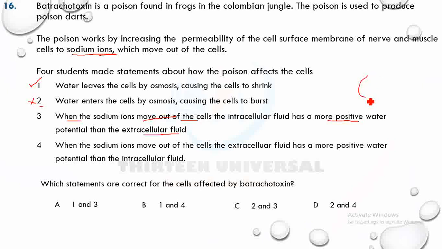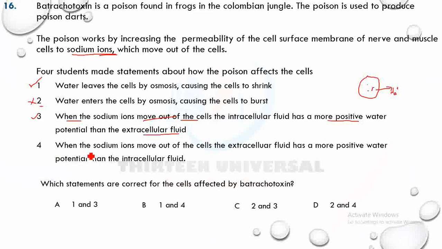If this is a cell and this is the intracellular, inside the cell, when sodium ions leave, the water potential inside the cell will be high, which is more positive. Is that okay? Yes, so this is correct.